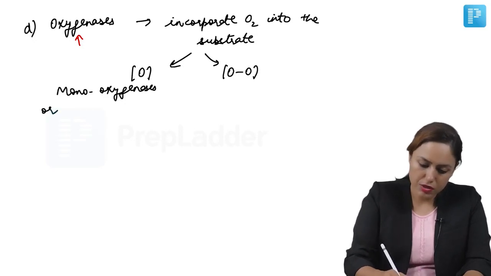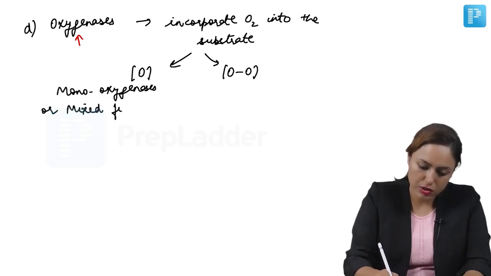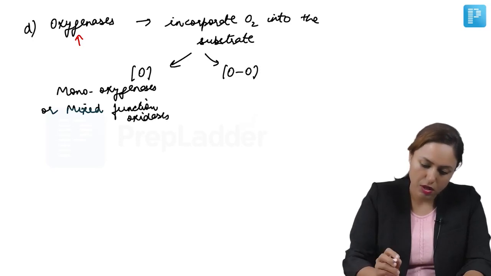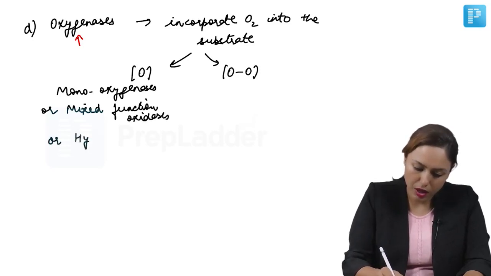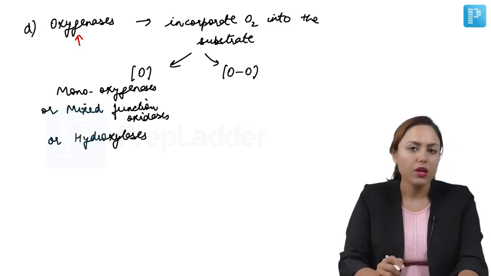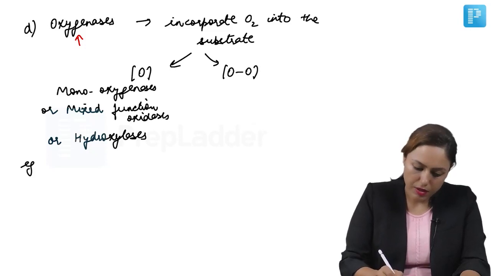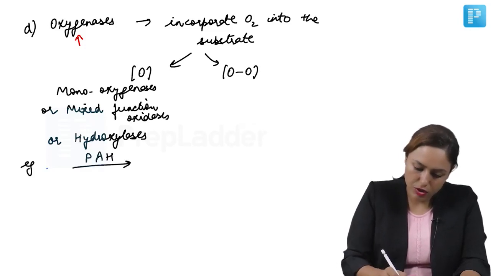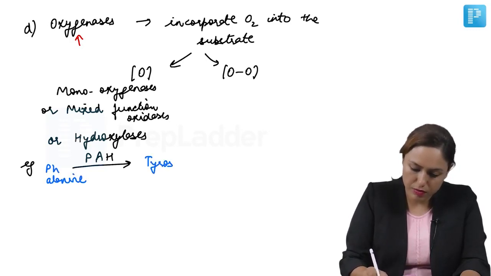Their other name is mixed function oxidases. One more name is hydroxylases. Example, the enzyme phenylalanine hydroxylase, which converts phenylalanine to tyrosine.